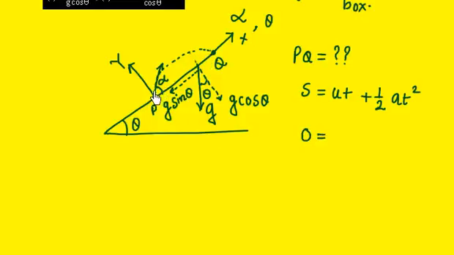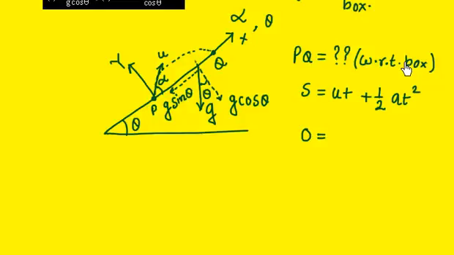What is the initial velocity in the y direction? Initially it is thrown with the speed u. Are you getting or not? And this distance we have to find with respect to the box. So I have to find PQ, and this is with respect to the box.